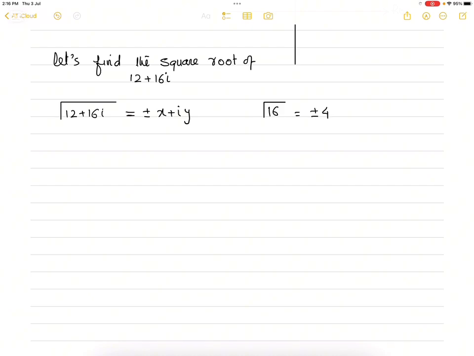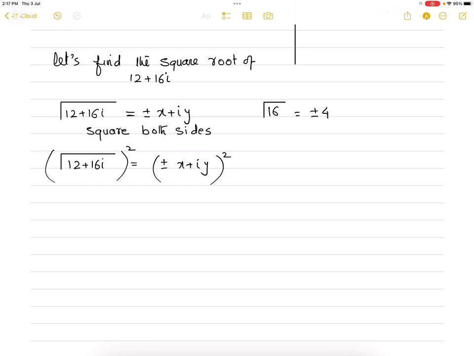Now, square both sides. So the square root of 12 plus 16i equals plus minus (x plus iy). Squaring both sides, the square of the left side will cancel the square root.